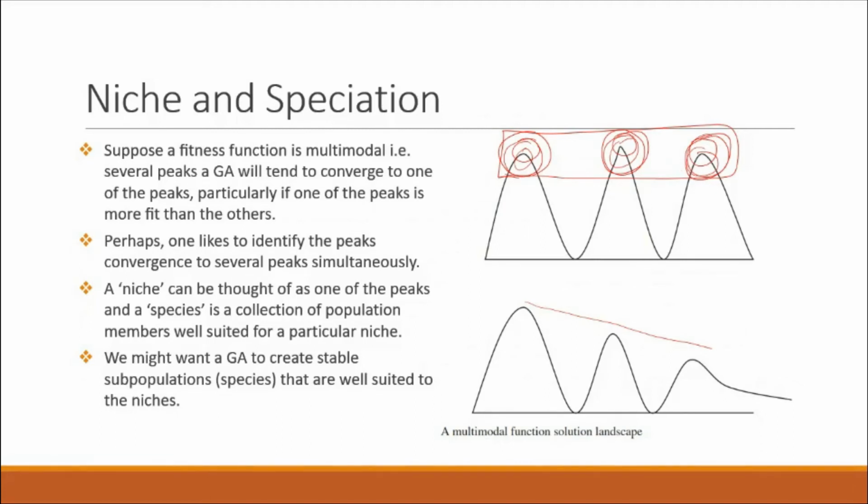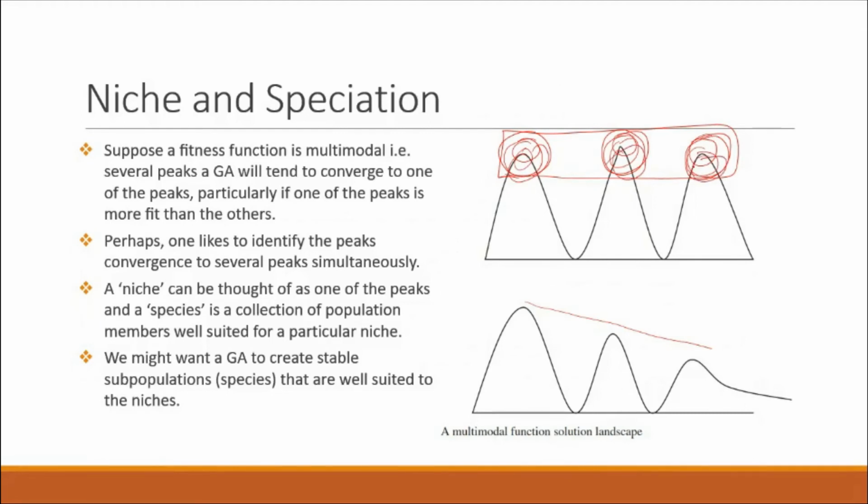So one of these peaks is the niche. That is, these positions can be considered as niches, and the individuals on one of these peaks can be considered as a species. So in niche and speciation, in the case of multimodal functions, there are multiple niches: one niche is here, the other one is here, and the third one is here.